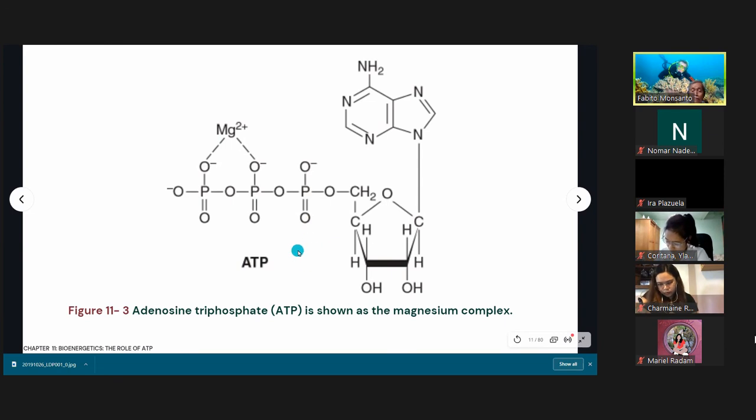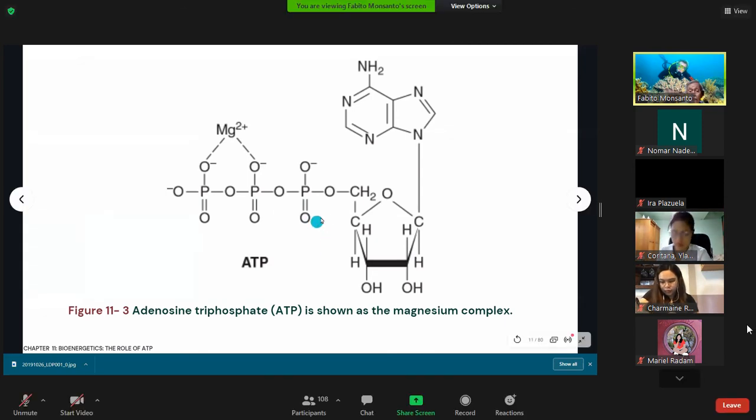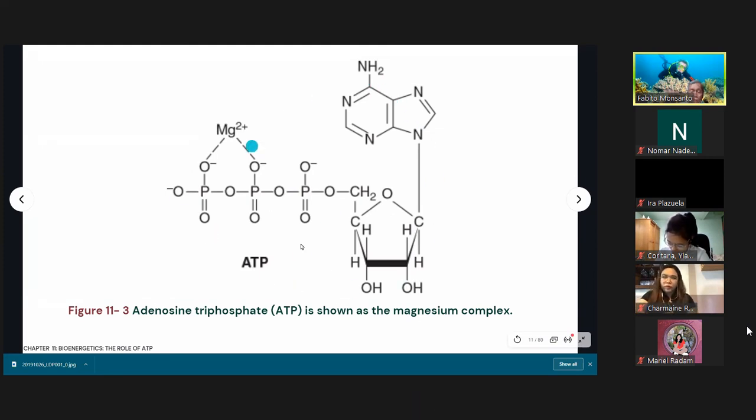You have your GTP, your TTP, your CTP, UTP. But ATP is the one that does most of the job in storing energy here.